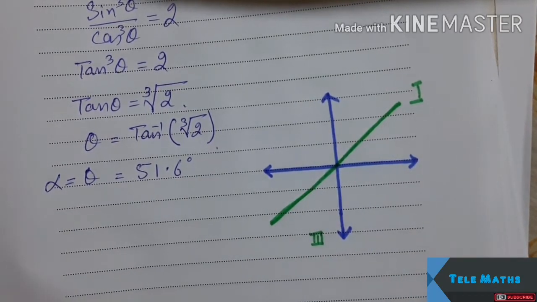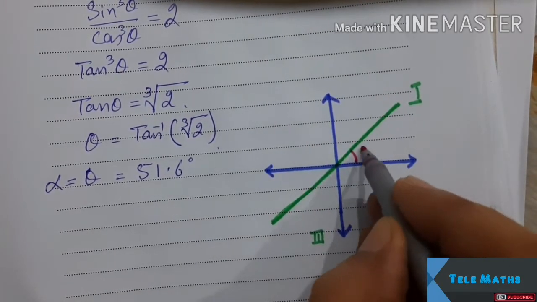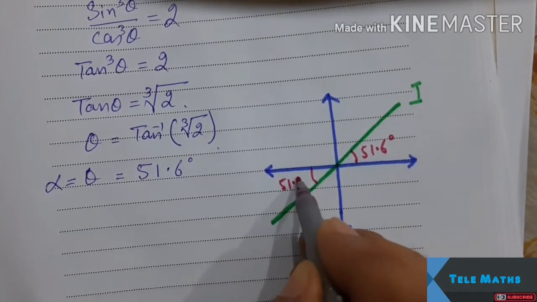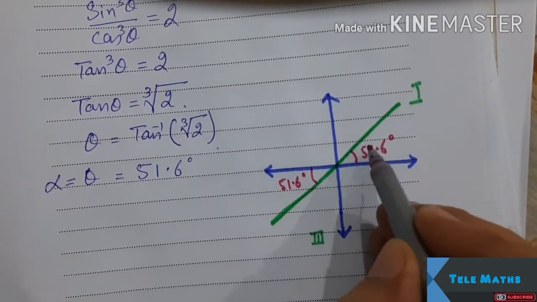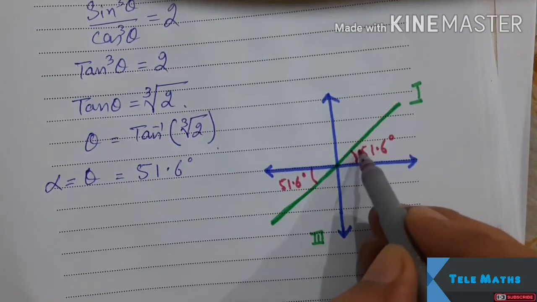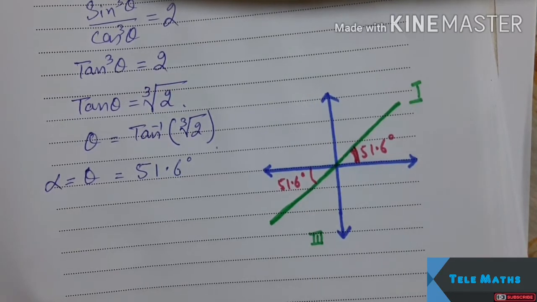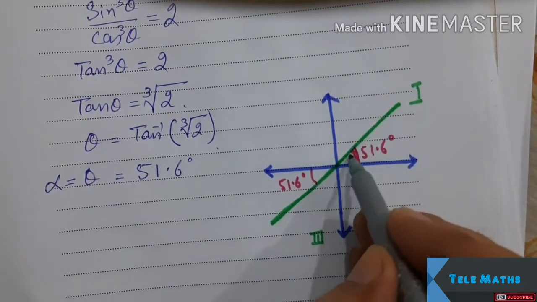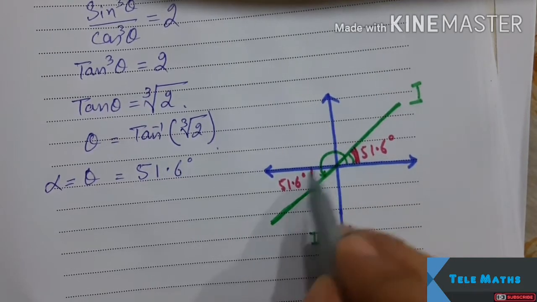So this will be our alpha, 51.6 degrees, and this will be our alpha, 51.6 degrees. As we know that in first quadrant theta and alpha are same, so this will be theta. The first theta will be this one and the second theta will be this one. So there are two thetas.